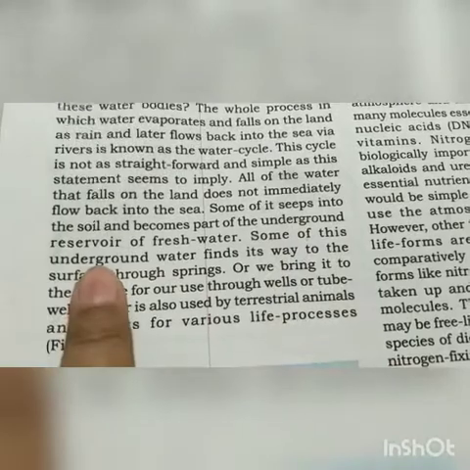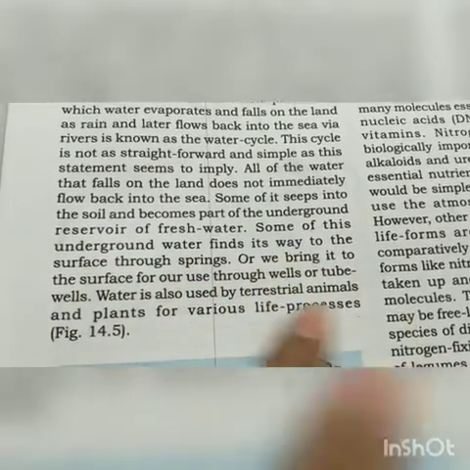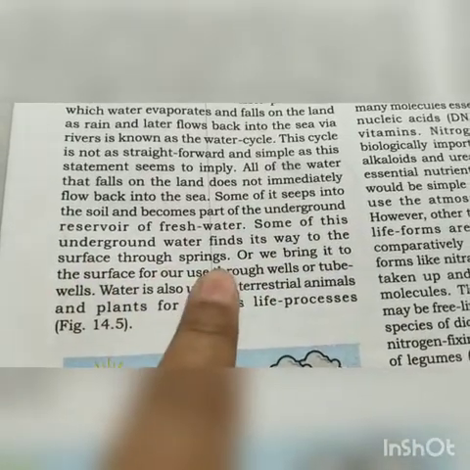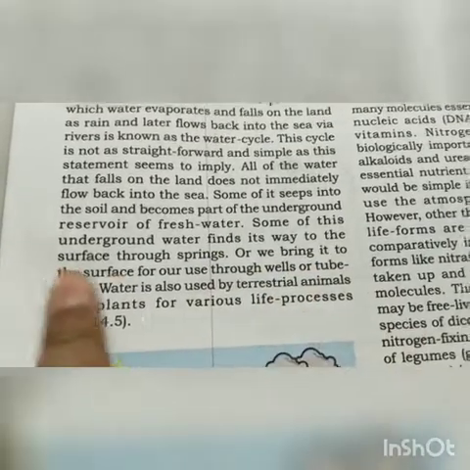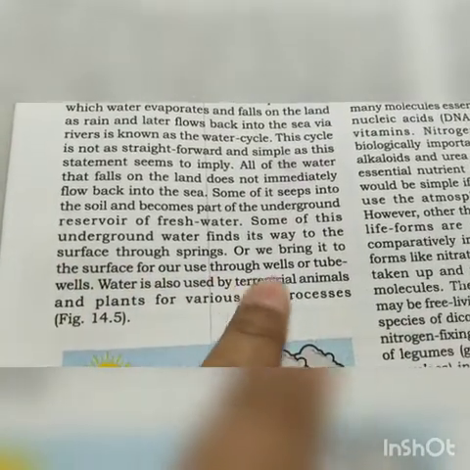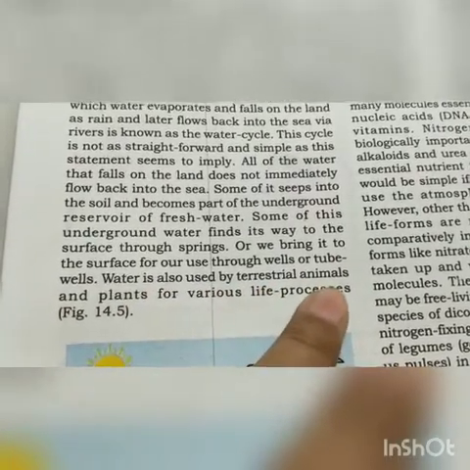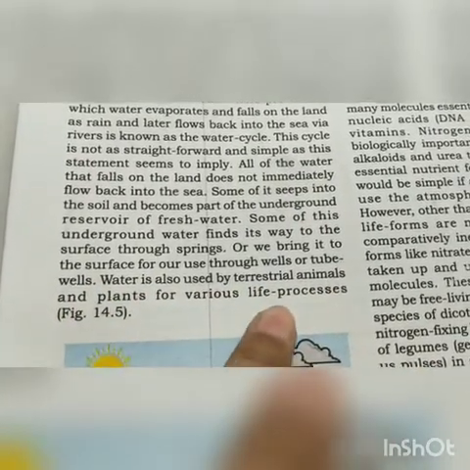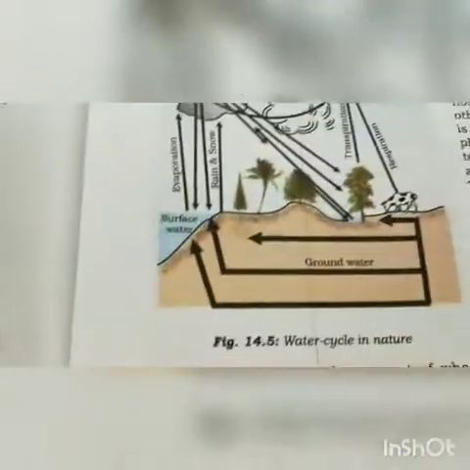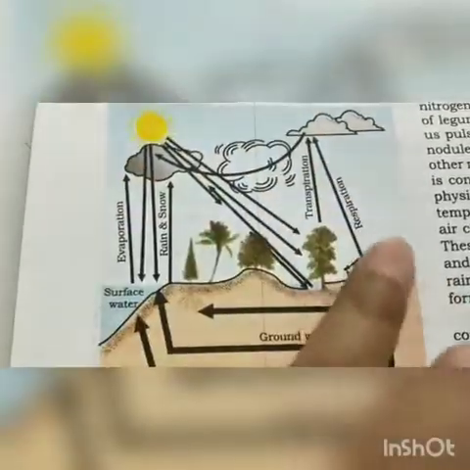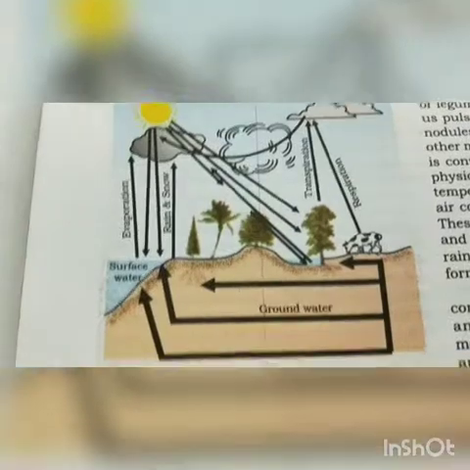Some of this underground water finds its way to the surface through springs, or we bring it to the surface for our use through wells or tube wells. Water is also used by terrestrial animals and plants for various life processes. Here is the diagram of a water cycle.